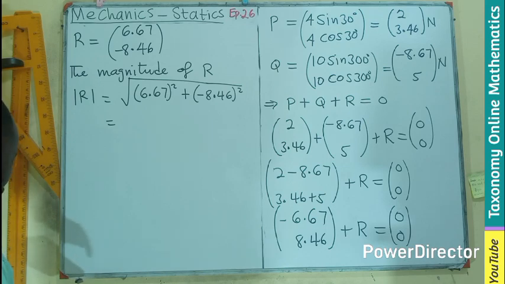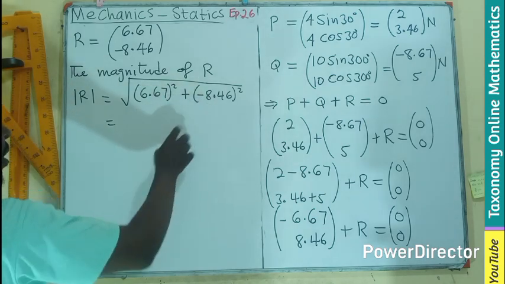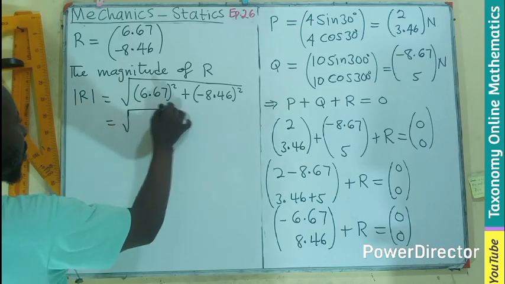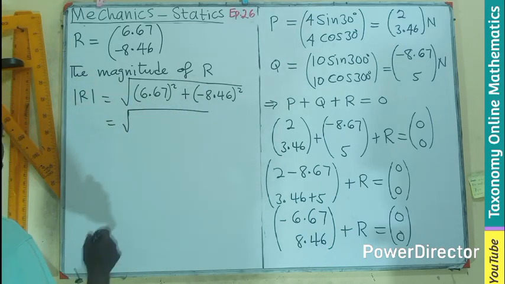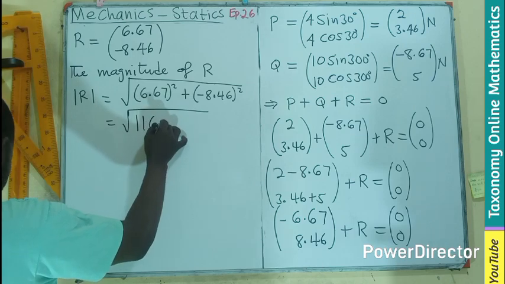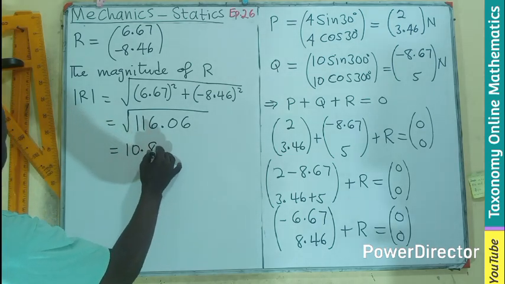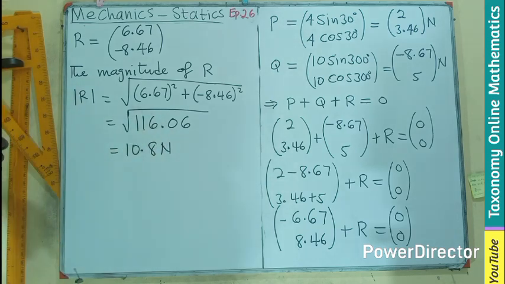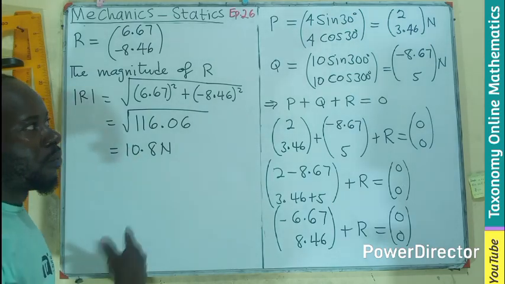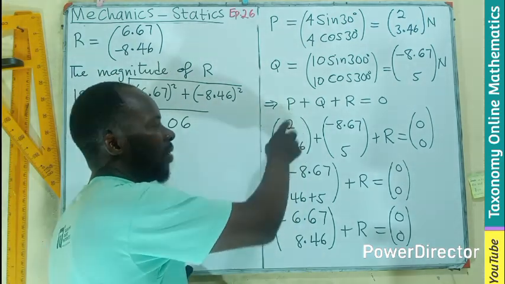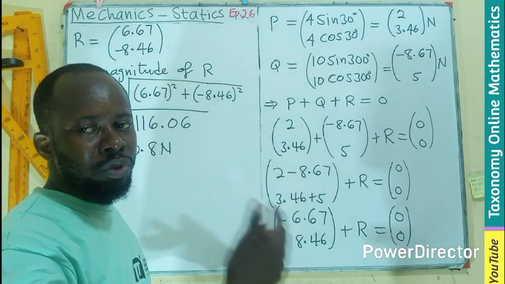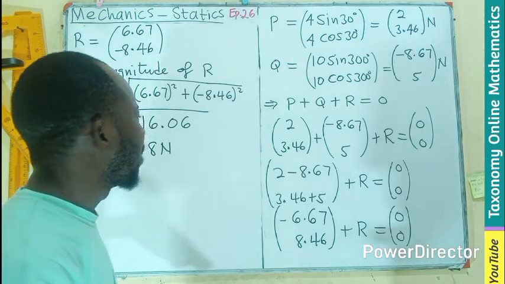The square of this plus the square of this gives 116.06, and the square root is almost 11, so this will give you 10.8 Newton. Remember, doing this, we are getting just the magnitude. The forces we were given were in magnitude and direction form, so we need to find the direction of the force R also.